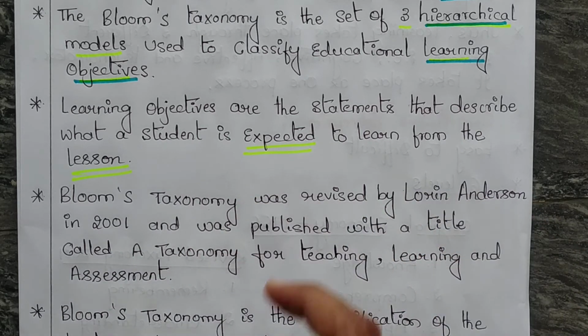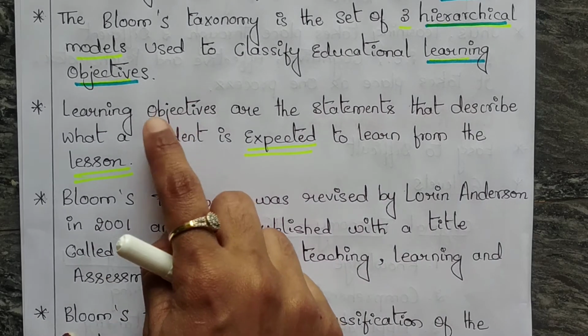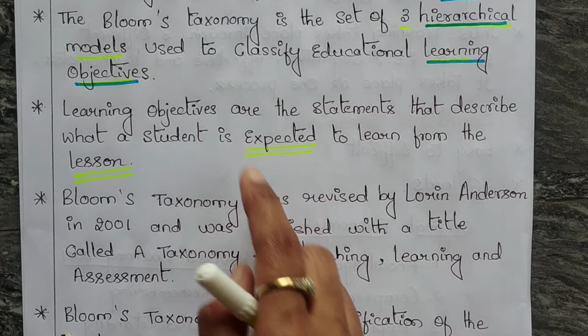Today we are studying Bloom's taxonomy. What we are going to learn by the end of this video lecture, the knowledge we gain, those are all stated in statements, and those form the learning objectives.